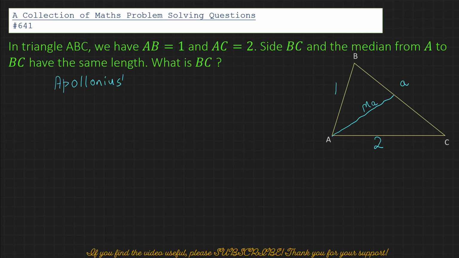Basically what this states is, in a triangle, the sum of the squares of two of its sides is equal to the sum of half the square of the third side and twice the square of the median corresponding to this side. So if I said AB was C and AC was B, then the first line is the sum of the squares of two of its sides.